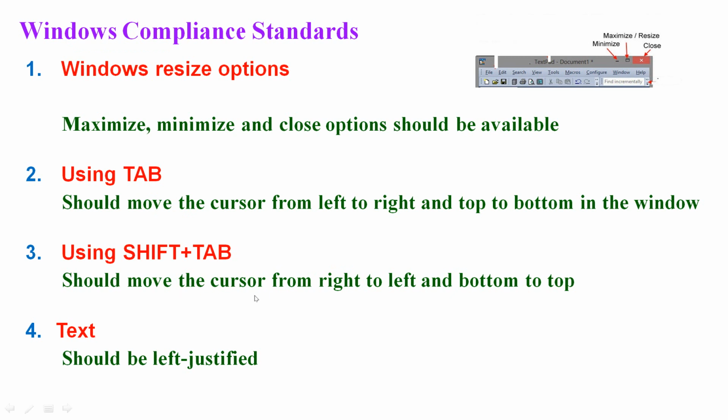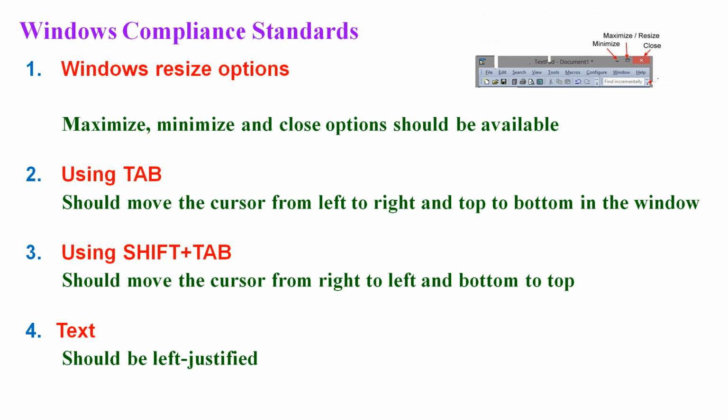The cursor should move from right to left and also from bottom to top. As a software test engineer, you have to test these also, right? And text. In any window or screen, by default, the text should always be left justified.